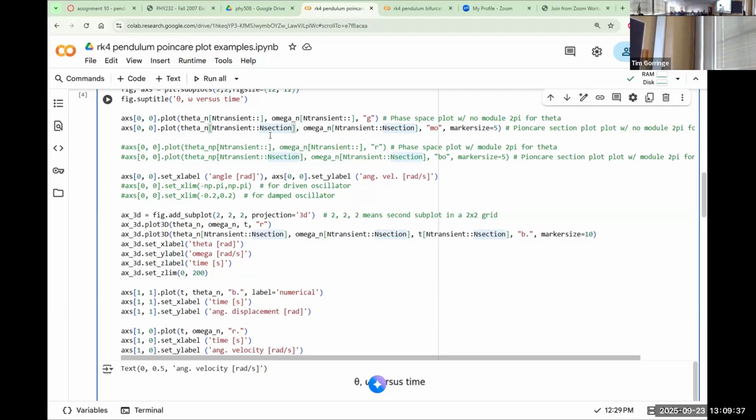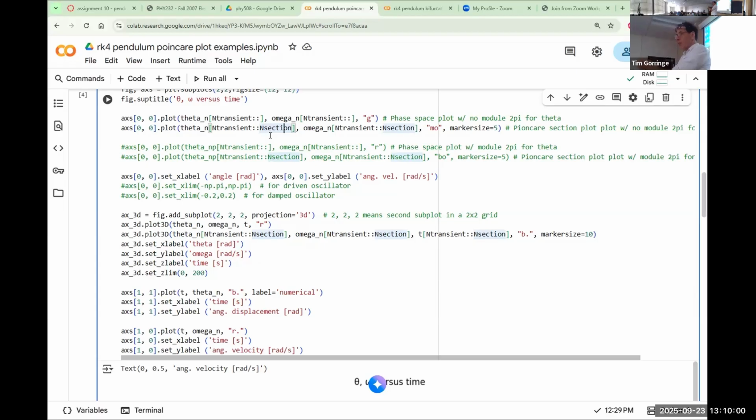But with this third argument, the arguments in slicing are the first element that you want to slice from, and the last element that you want to slice to.